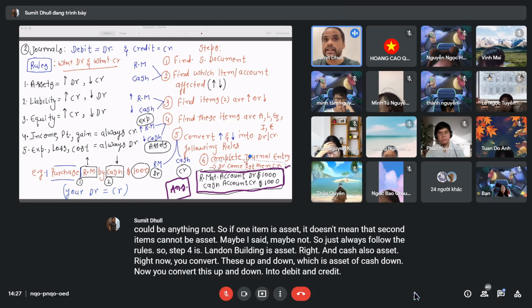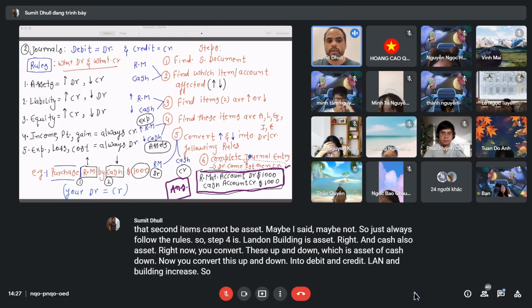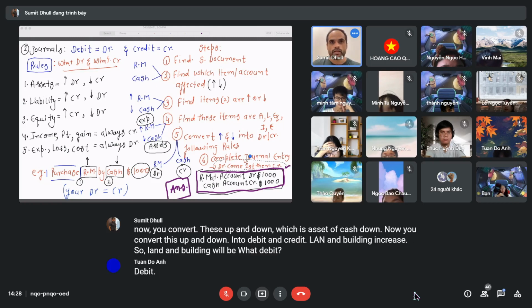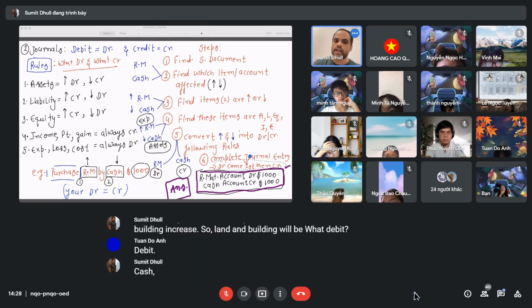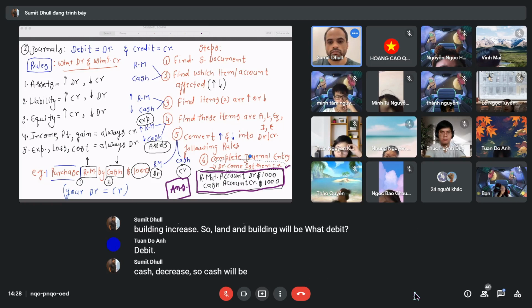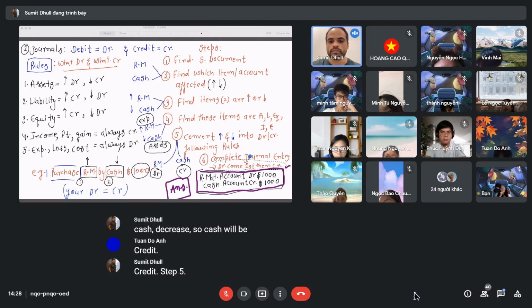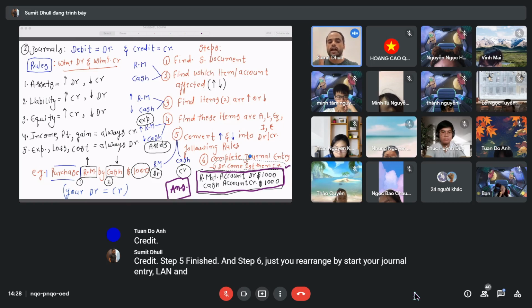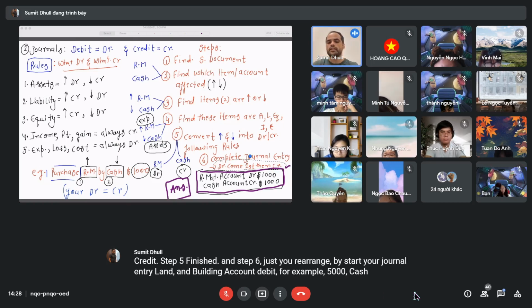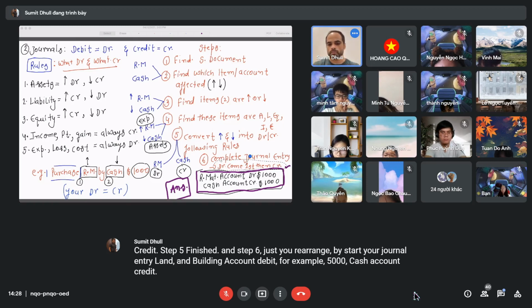Land and building increase, so land and building will be debit. Cash decrease, so cash will be credit. Step 5 finished. And step 6, you just rearrange by starting your journal entry: land and building account debit, for example, $5,000, cash account credit, $5,000.